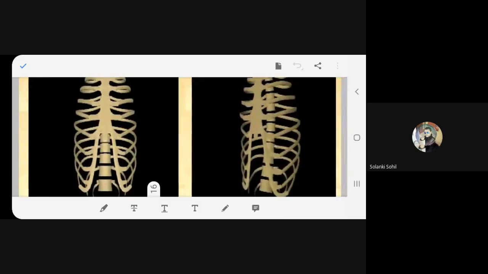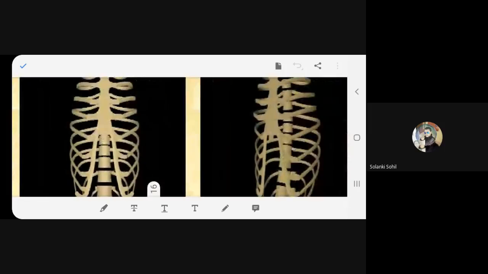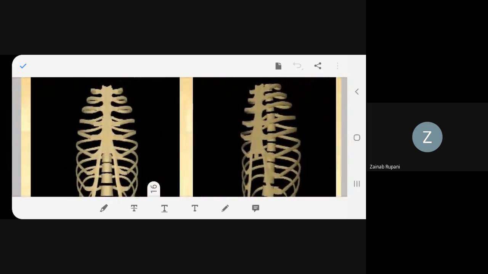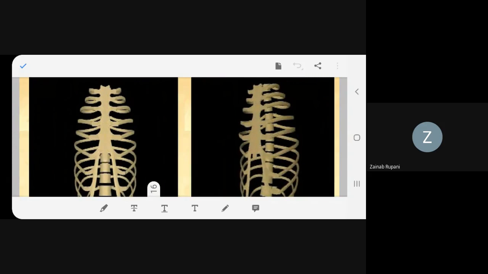This is how our ribs look like. This is the front view and this is the side view. Can you observe this? Inside our body, it is like this. And these are the bones. Can you see these bones at the back?